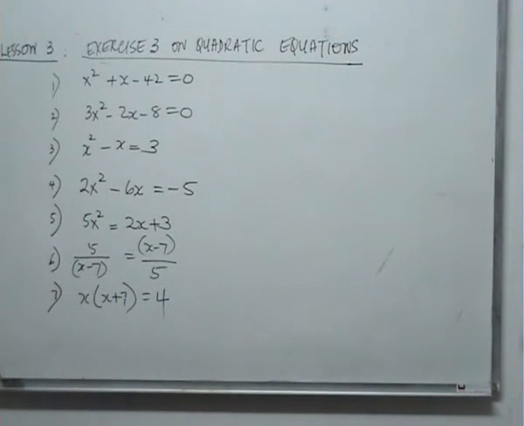Number 4, 2x squared minus 6x is equal to minus 5. Number 5, 5x squared is equal to 2x plus 3. Number 6, 5 over x minus 7 is equal to x minus 7 over 5. And number 7, x into x plus 7 is equal to 4.